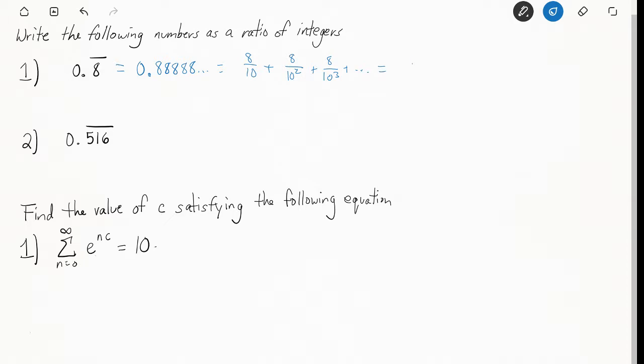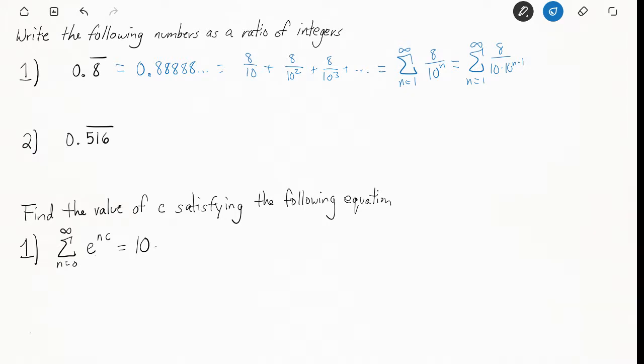Well, this equals the summation n equals 1 to infinity of 8 over 10 to the n, which we luckily know we can write as 8 over 10 times 10 to the n minus 1, which allows us to use our geometric series.